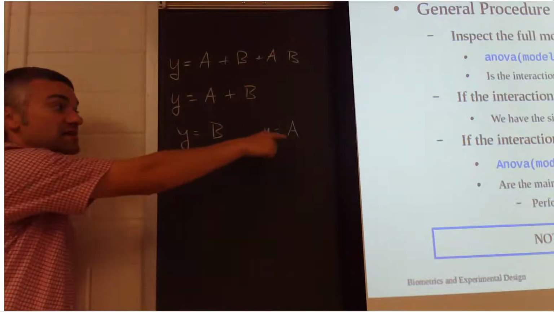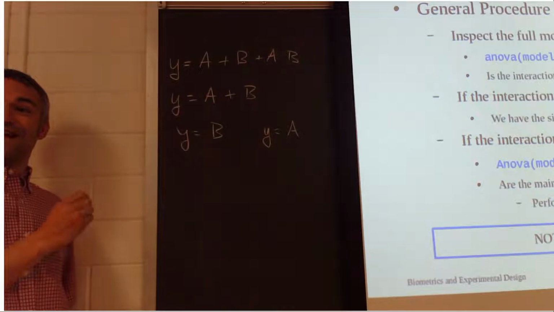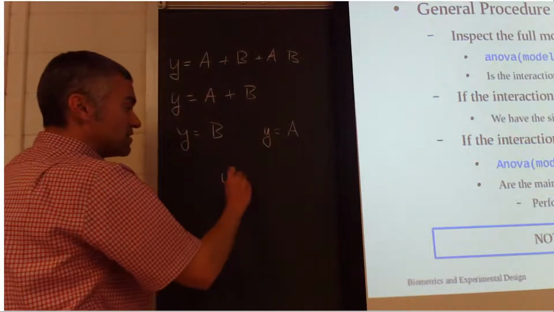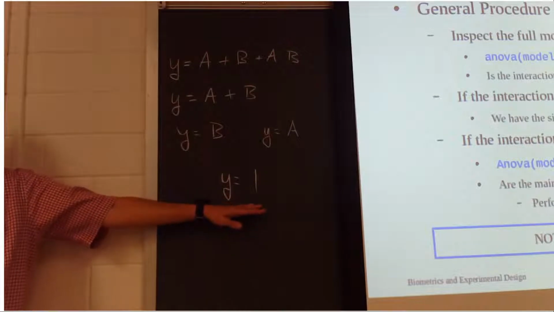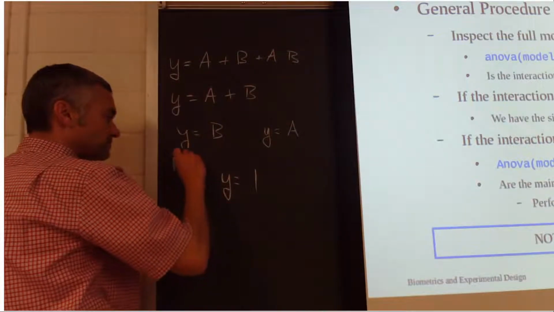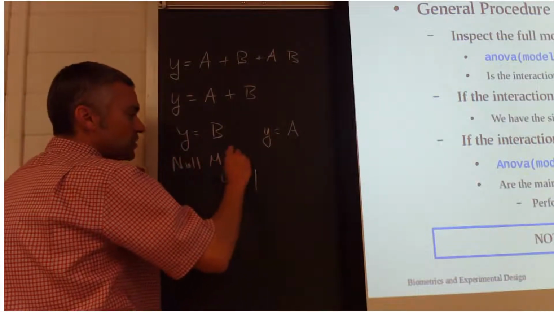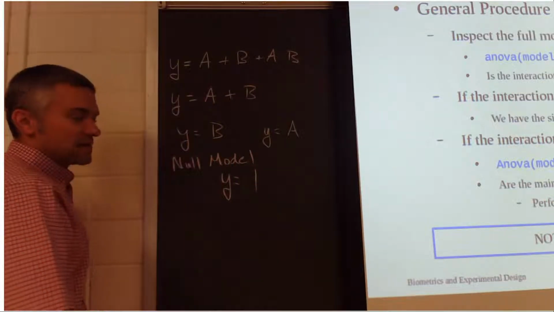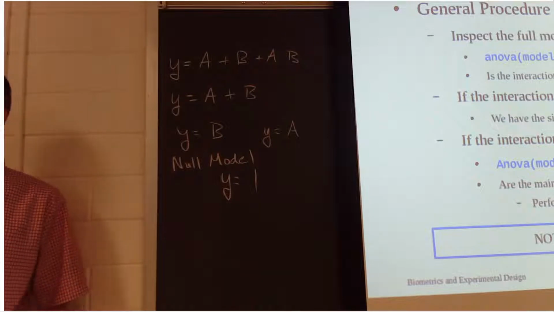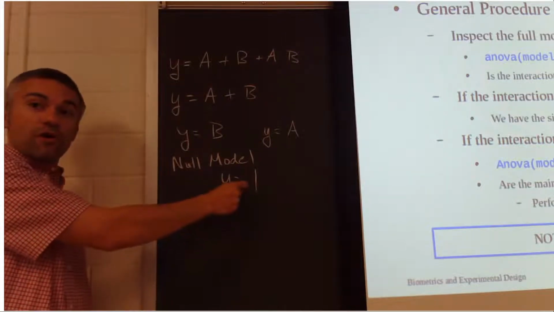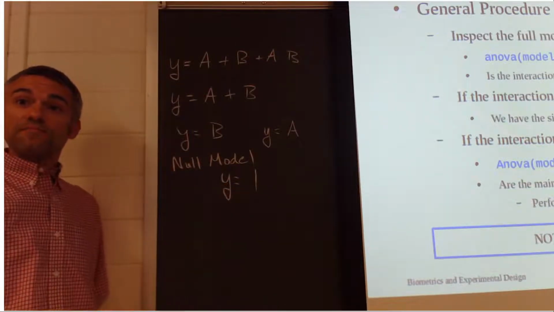If neither of these have a significant p-value, then we simplify it even more, and we get to what is called our null model, which is a model that doesn't have any terms in it. It's a null model because what we use is the overall mean as our predictor.